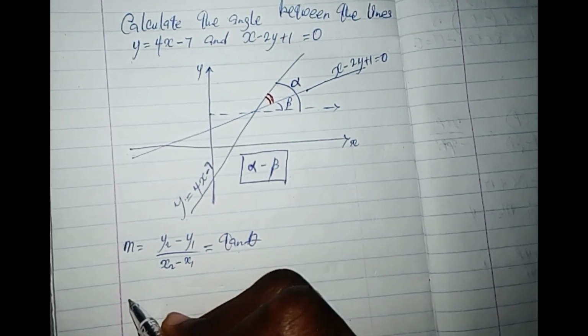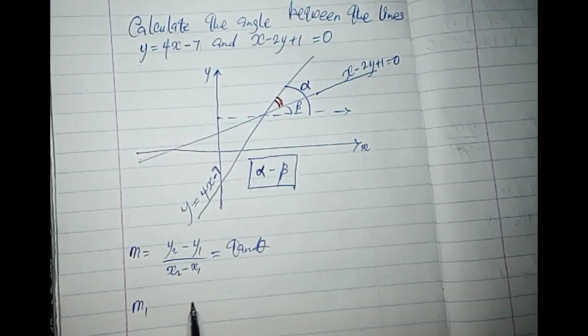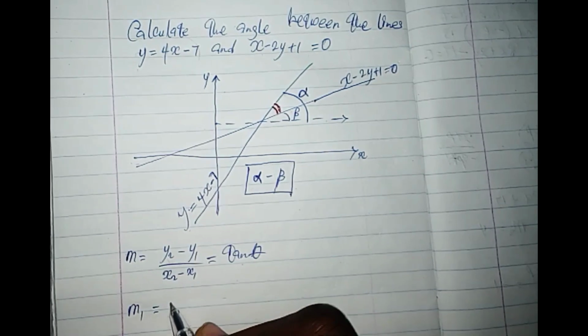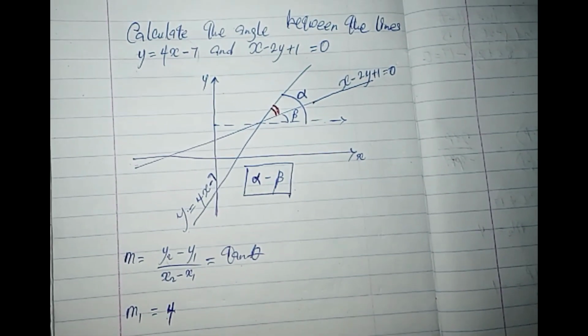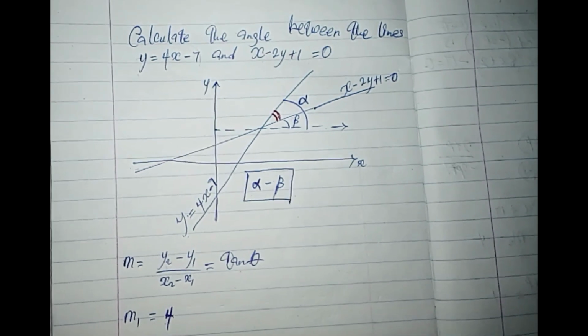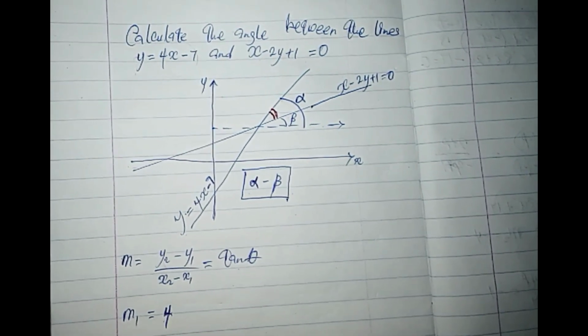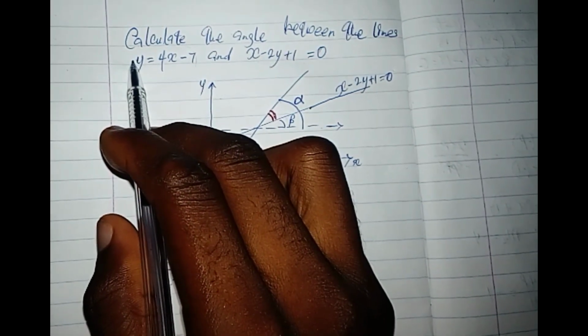So for the first one, m1, from this equation we already know m1 should be equal to 4, right? Because from the general line equation, we know the coefficient of x is the gradient of the line when y does not have anything at the front of it.